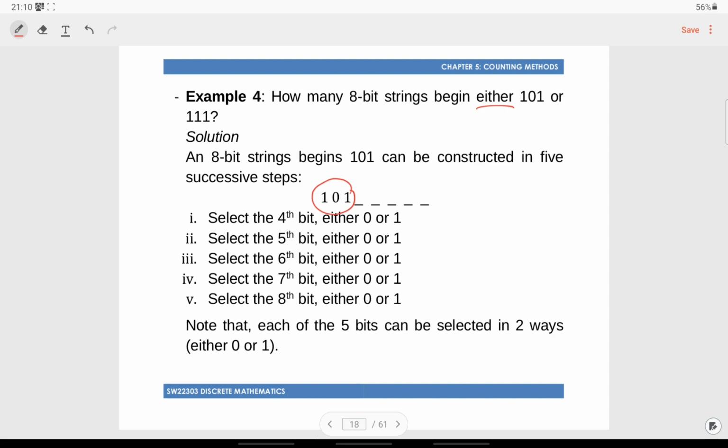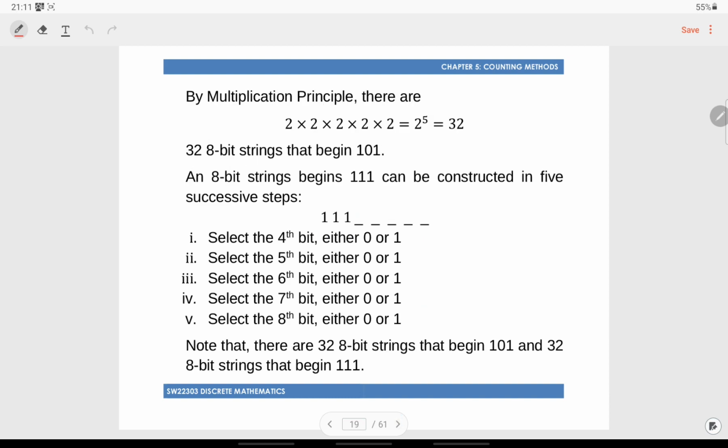So note that each of the 5 bits can be selected in 2 ways, either 0 or 1. All these steps can be done in only 2 different ways. Because the steps are done in successive steps, we can use the multiplication principle.